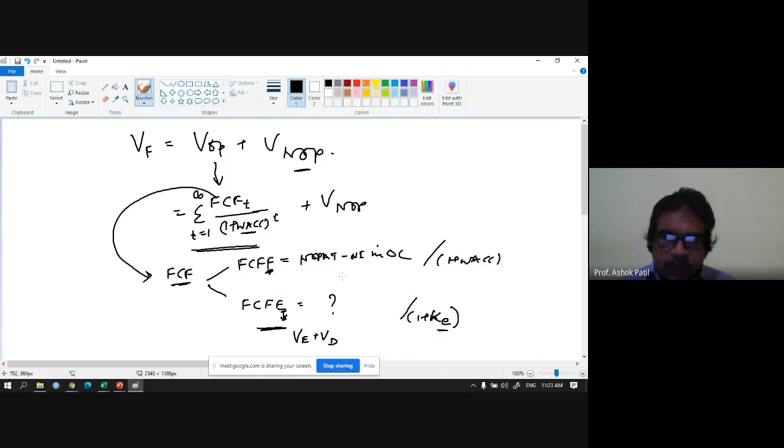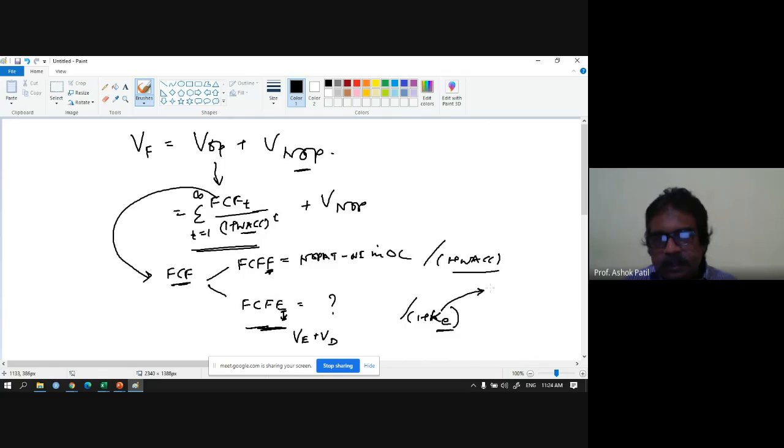Now if we look at the structure, we are saying that FCF can be calculated in terms of FCFF and FCFE. If I am calculating FCFF, I am dividing it by WACC. If I am calculating FCFE, I'll be dividing it by KE. Now you know what cost of equity is, right?